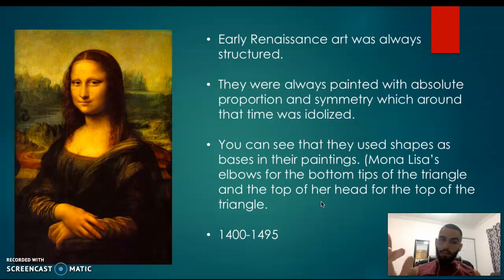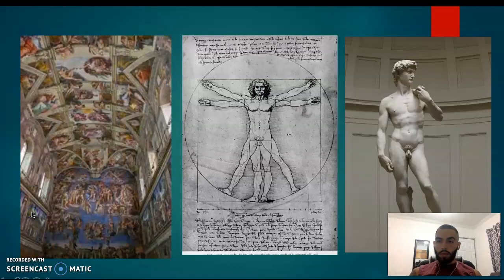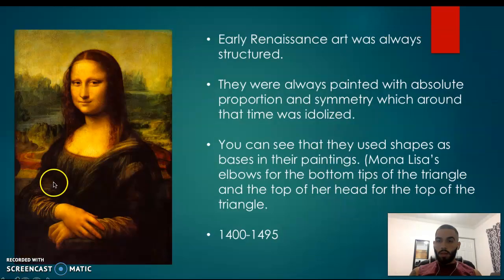Let's just say there's a point on top of Mona Lisa's head, and then a line goes to her elbow, then to her other elbow, and then back to her head. It forms a triangle. So you see it's very symmetric. They try to revolve their paintings around different types of shapes and always keep it proportional.